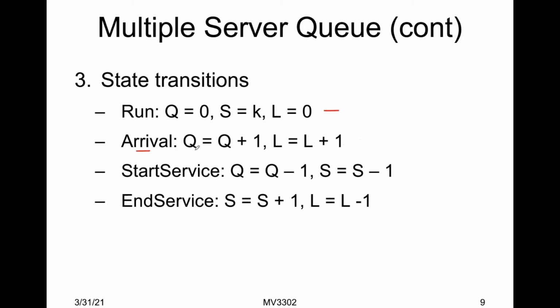It has the same name as the arrival process one, but it meant something entirely different. In that case, Q was incremented by 1, and now we have one more guy in the system than we had before. Our others are: start service, which meant that we took a guy away from the queue and took one of the available servers away. And then finally, at the end service event, we have one more available server, and one fewer customer in the system.